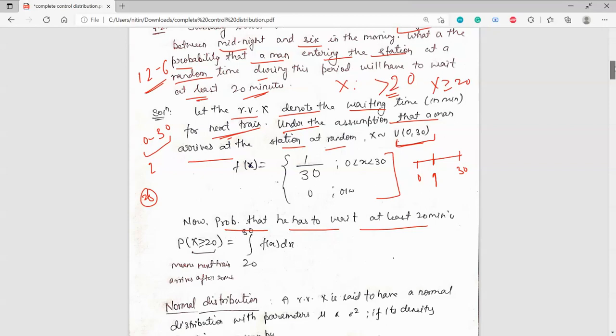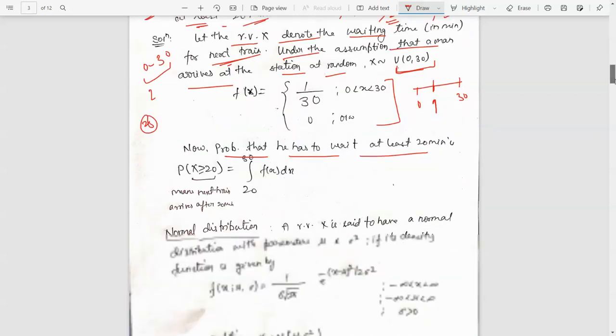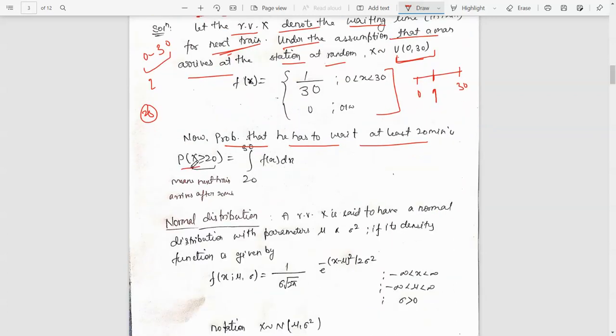So we transfer this into a simple probability: probability of x greater than or equal to 20. Simple thing, just do the calculation from 20 to 30, which is the integral from 20 to 30 of 1 by 30 dx.